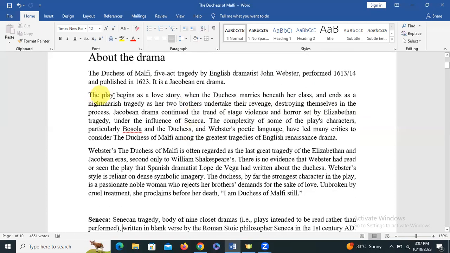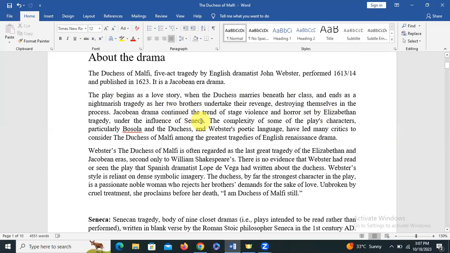The play begins as a love story when the Duchess marries beneath her class, and ends as a nightmarish tragedy as her two brothers undertake their revenge, destroying themselves in the process. Jacobean drama continued the trend of stage violence. Here we can see the violence and horror set by Elizabethan tragedy, right?